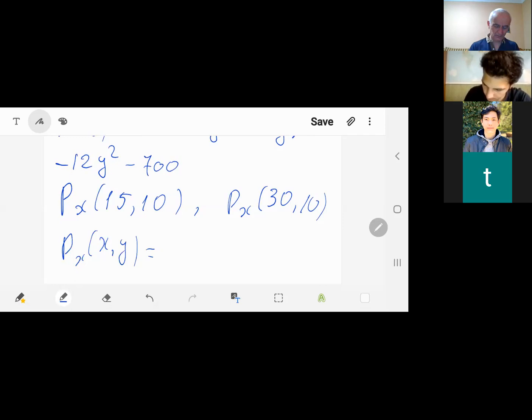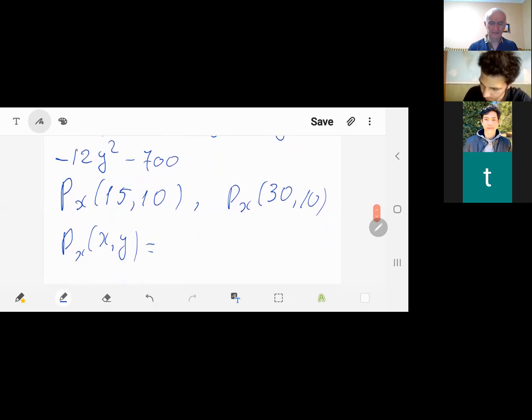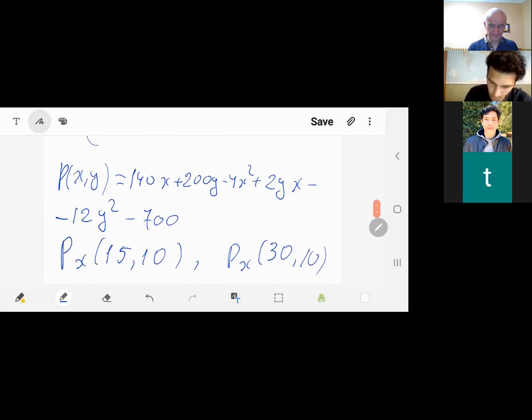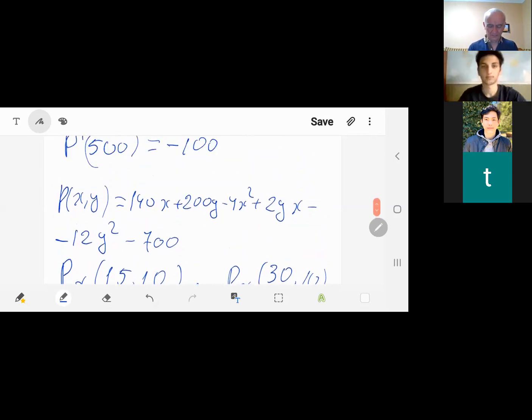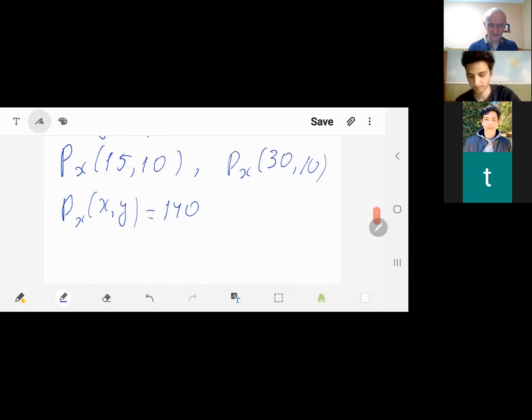So let's now start. What is the derivative of 140x? It's obvious, it's 140. Then the derivative of 200y is very easy, it's 0, because 200y is constant. What is the derivative of 4 times x squared? It's 8x, so minus 8x.